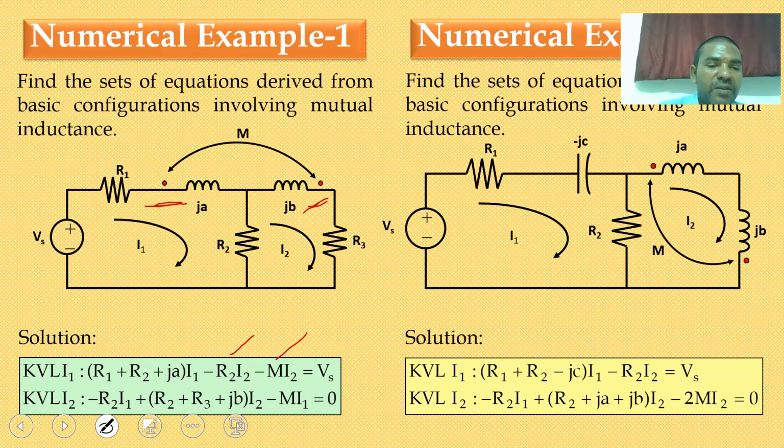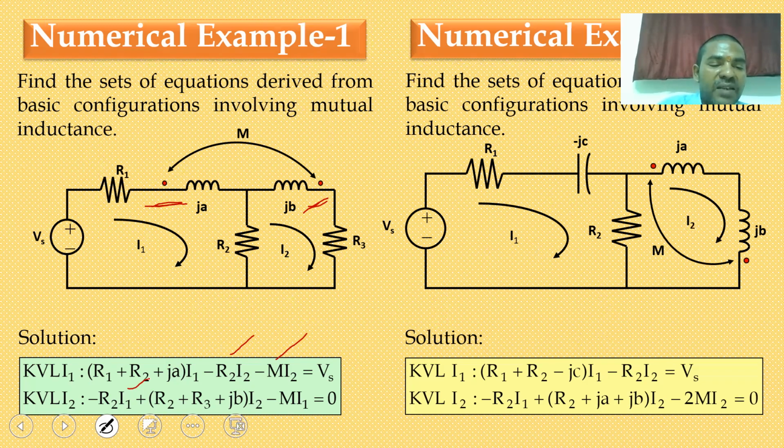Then coming to the second KVL equation. R2 is a combination of two currents, I2 current and I1 current. So the drop is minus R2 I1, plus the second loop passive elements: R2 is there, JB is there, R3 is there.